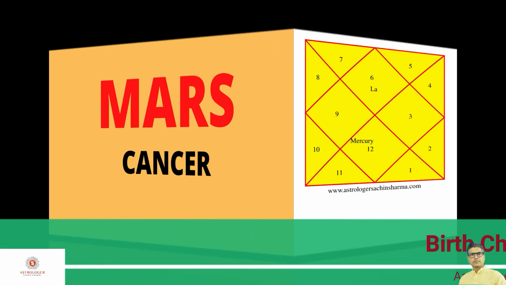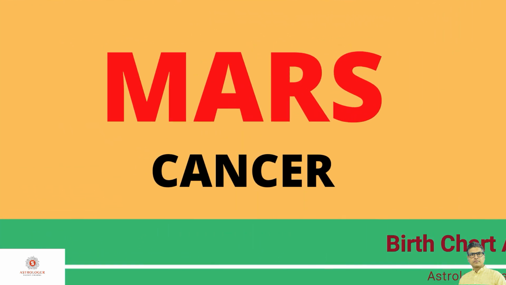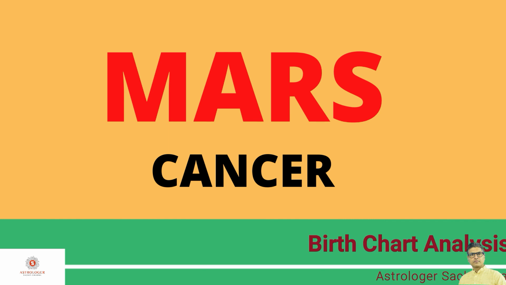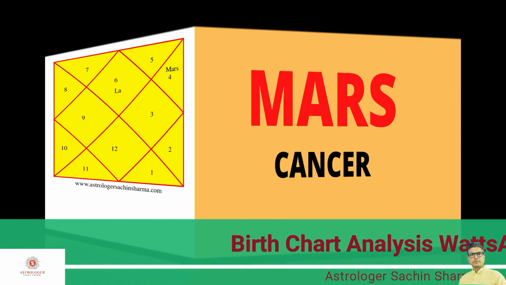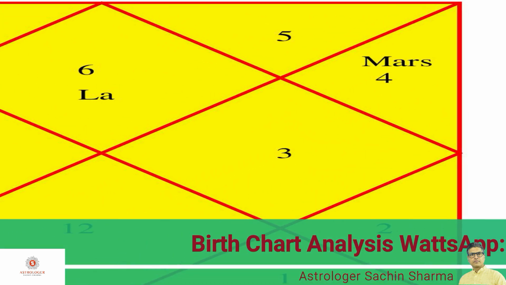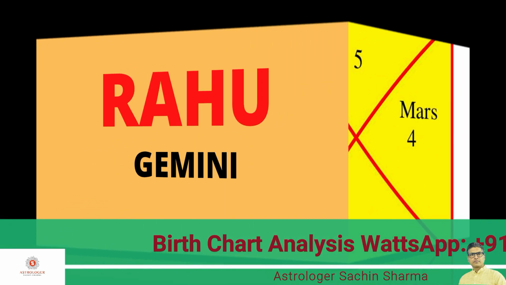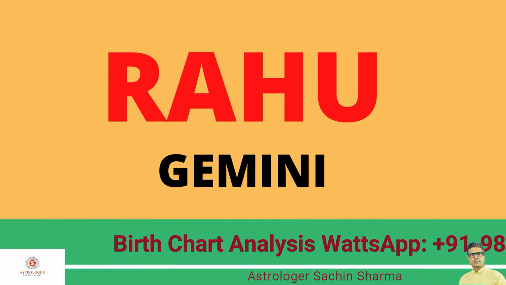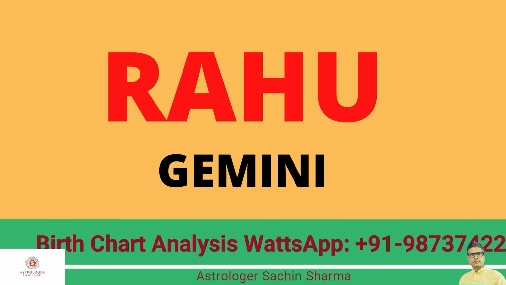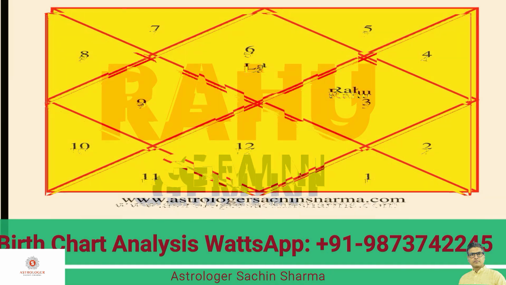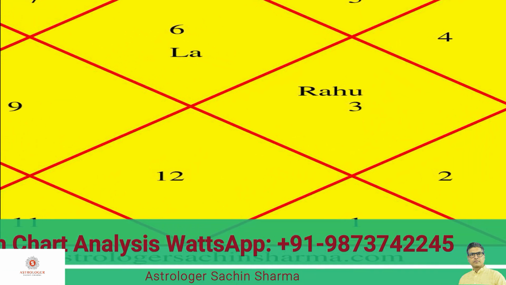For Mars, Cancer is a debilitated sign. That means if in any house number 4 is written and Mars is placed in that particular house, then it is going to give its negative result. For Rahu, Gemini is its debilitated sign. That means if number 3 is written in any house and Rahu is placed there, it is going to give its negative result.